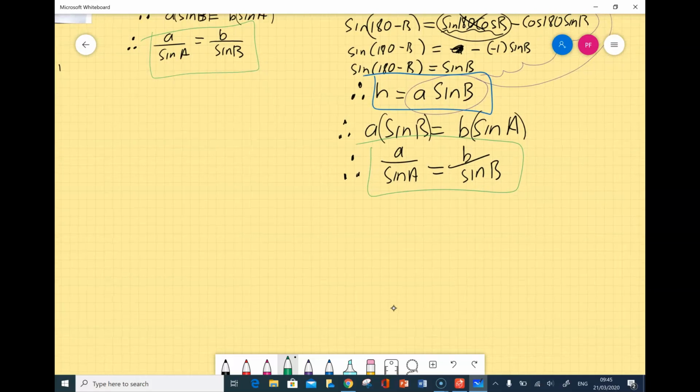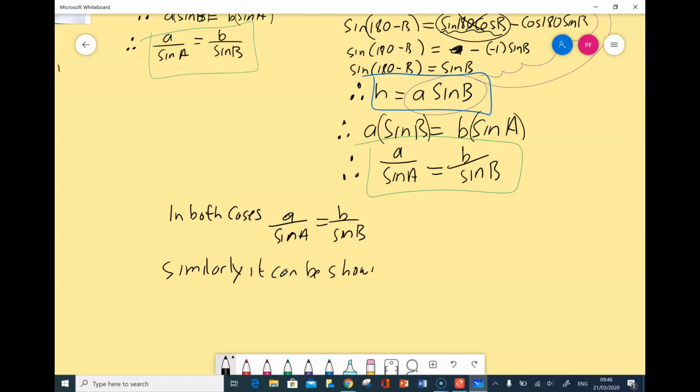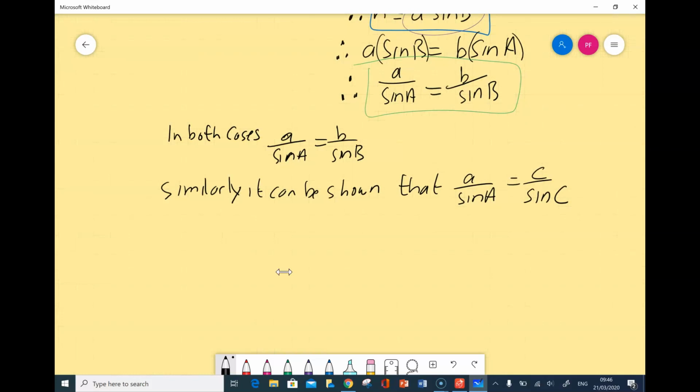And to be honest, they let you away with murder now in this case. To finish that off, all you have to say is, in both cases, A over sine A equals B over sine B. And all you need to say is, similarly, it can be shown, they don't make you do it all over again, that A over sine A equals C over sine C. Basically all we're saying is we could show that by just doing the same thing again, except using C this time.